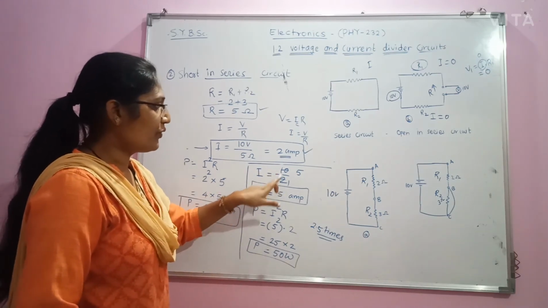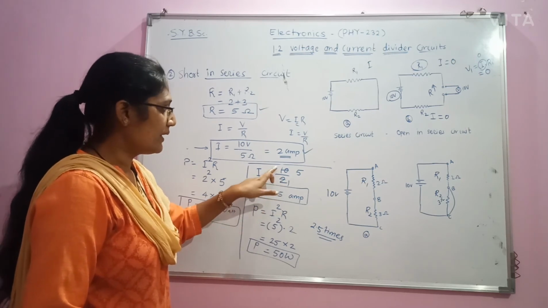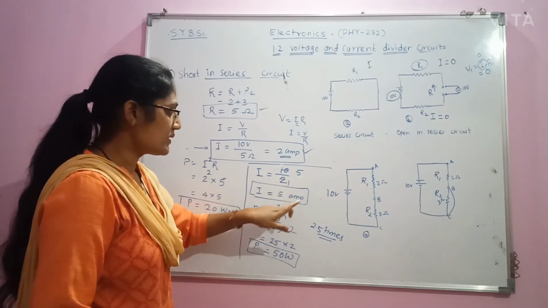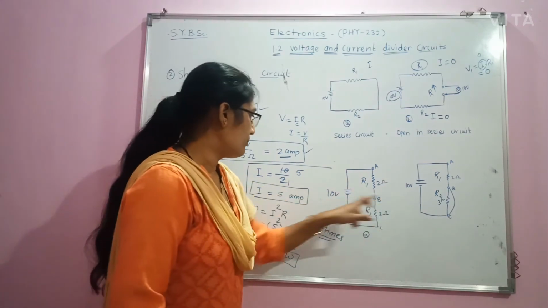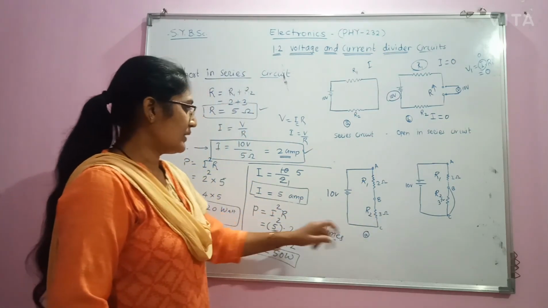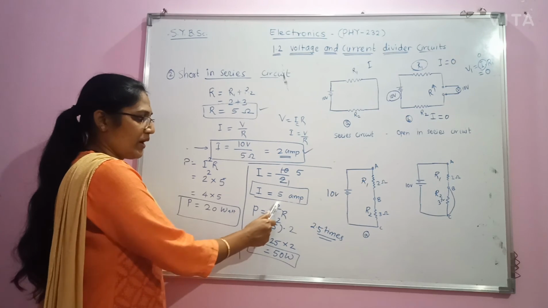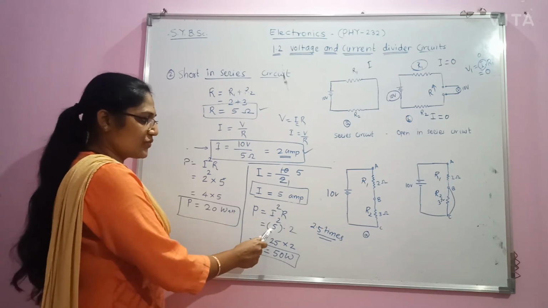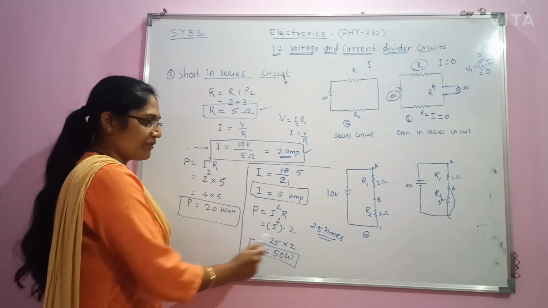by the formula V upon R. Here only 2 is taken. 10 upon 2 gives us 5 ampere. That is, in short circuit, 5 ampere current is flowing as compared to the other circuit. And power is calculated by using the formula I square R, that is 5 square into 2, and it comes out as 50 watt.